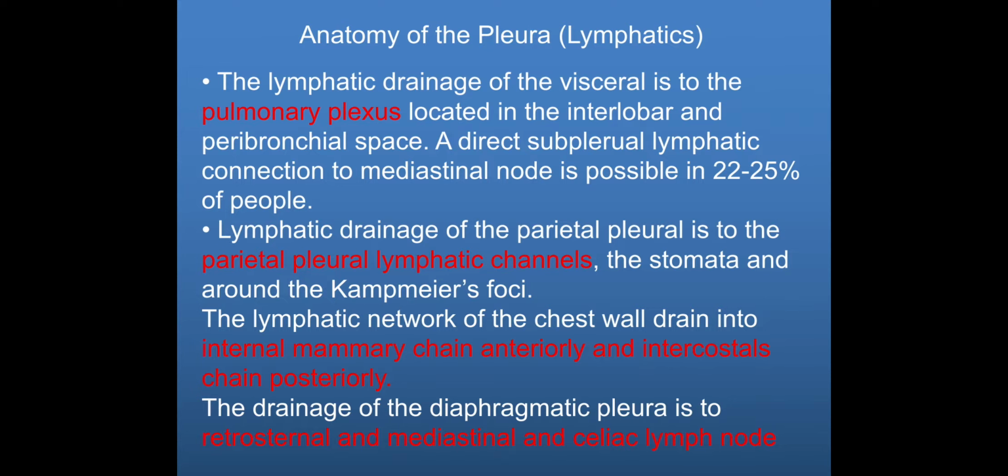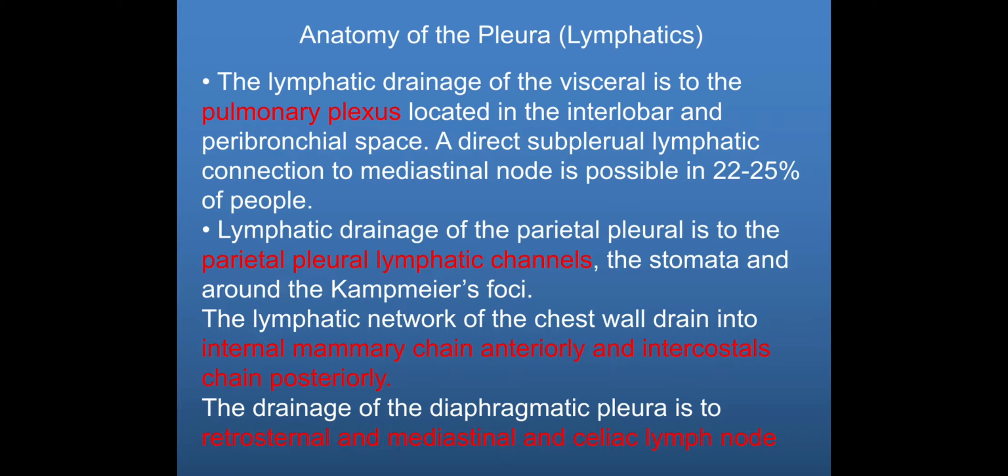Lymphatic drainage of the visceral pleura is to the pulmonary plexus, located in the interlobar and peribronchial space. Direct subpleural lymphatic connection to mediastinal nodes is possible in 20 to 25% of the population.